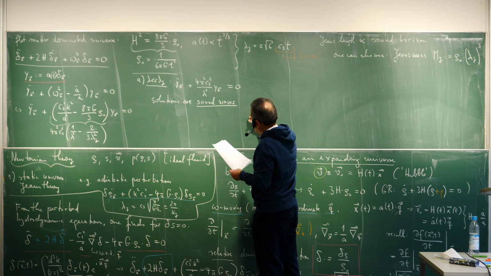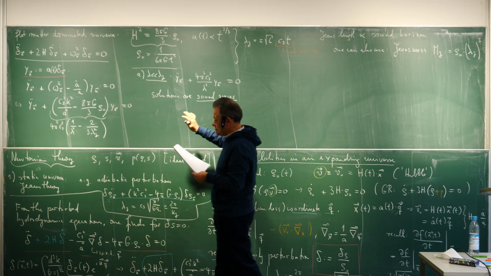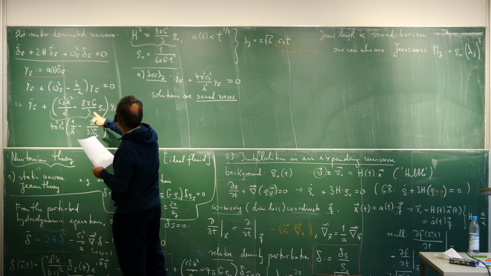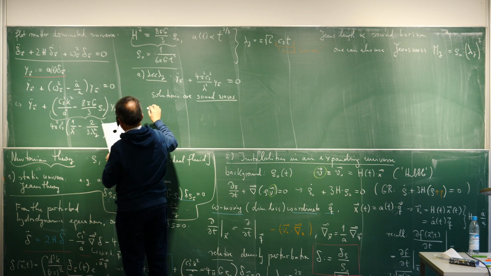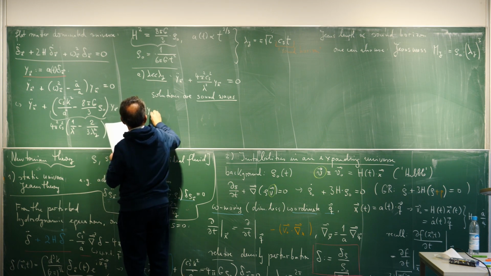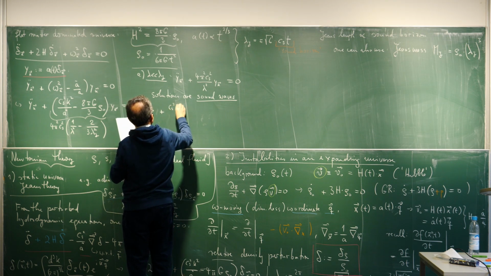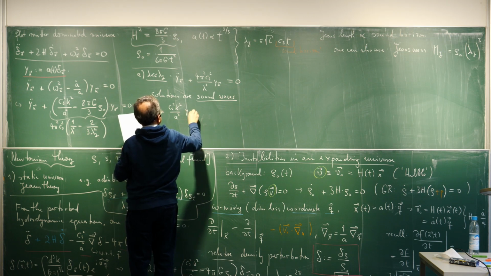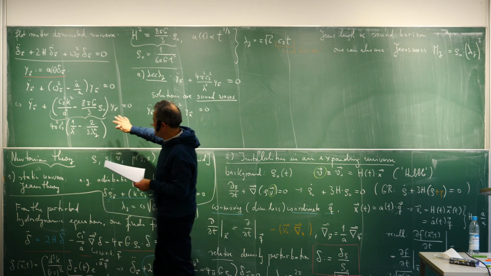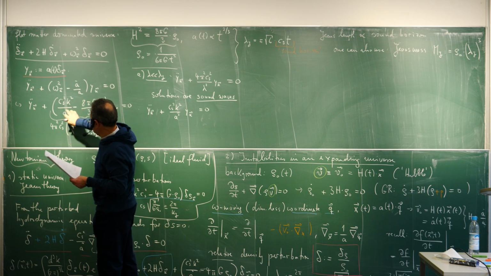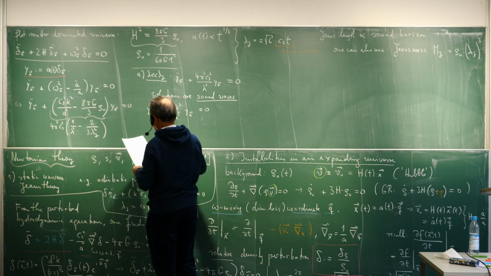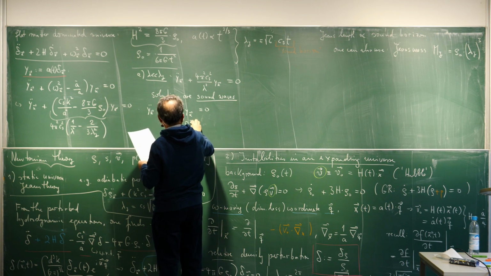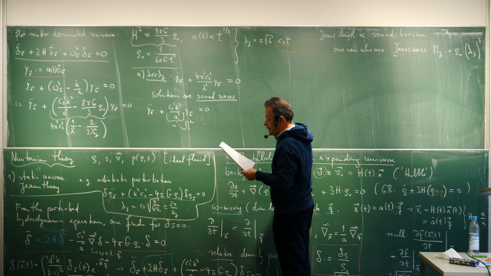To write it down explicitly, let us use the original version of this equation without the lambda, just the scale factor: y_k double dot plus c_s squared k squared over a squared y_k equals 0. We neglect the other term and have only this term, and we call this, for simplicity, a capital omega squared, just to give it a name.